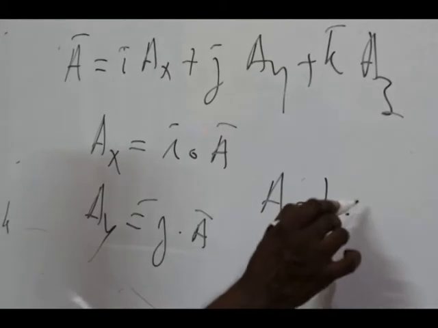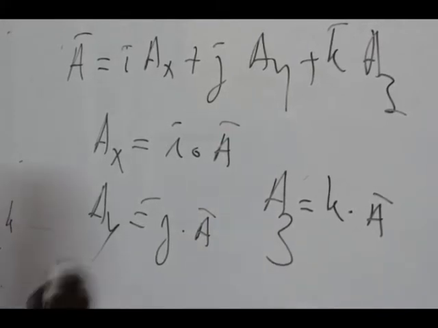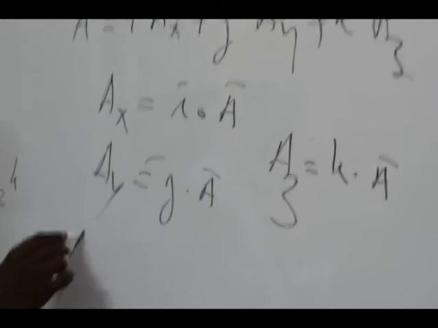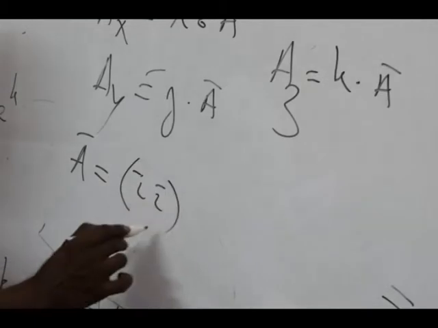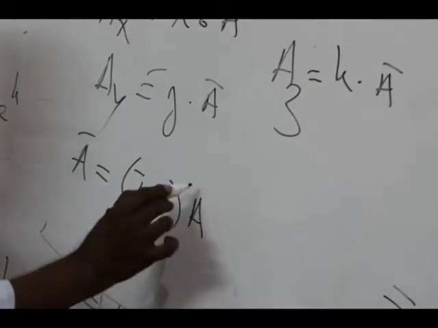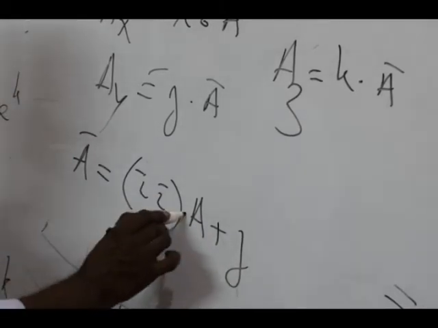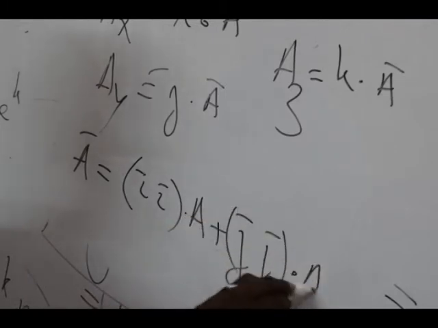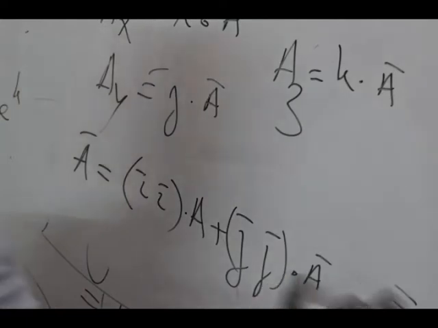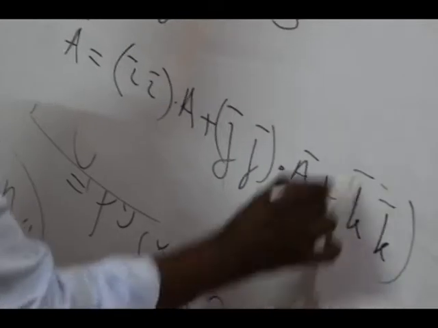So we may write vector A simply like this: tensor II dot A plus tensor JJ dot A plus tensor KK dot A.